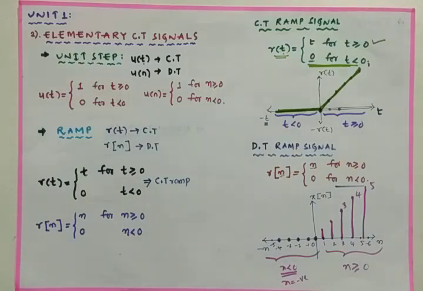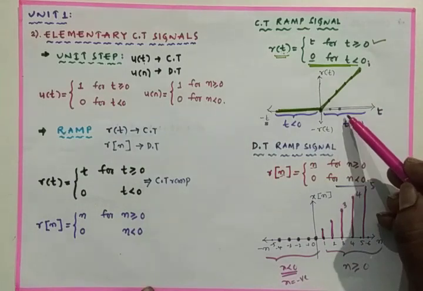In this class I will discuss one more elementary signal, that is the continuous time ramp signal and the discrete time ramp signal. You should remember one point here. Ramp is nothing but a linearly increasing amplitude signal for the positive values of the independent variable.